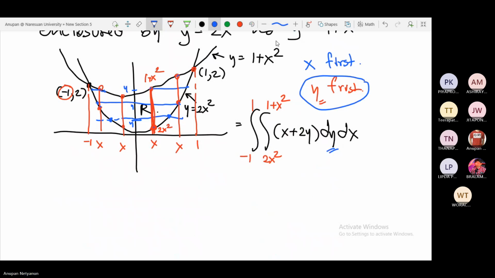Now, the problem occurs if you want to integrate with respect to x first. Now your y is a constant, right? Let's look at any constant y. You get a horizontal line.